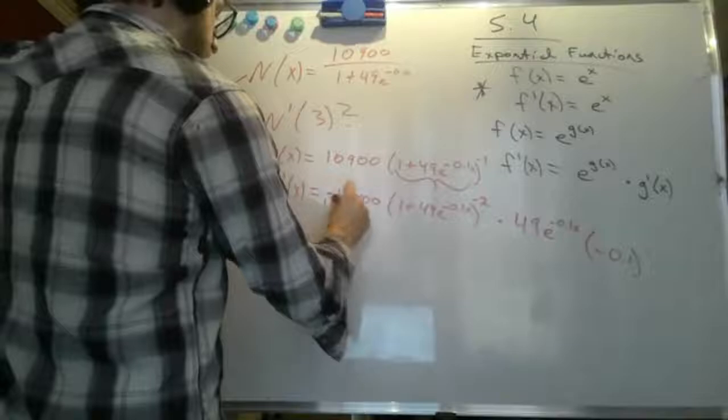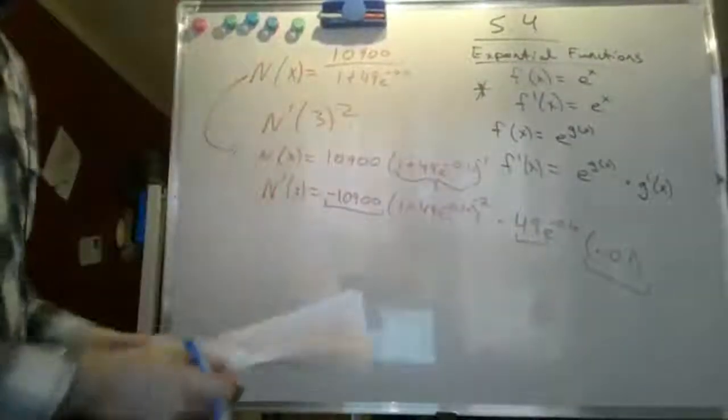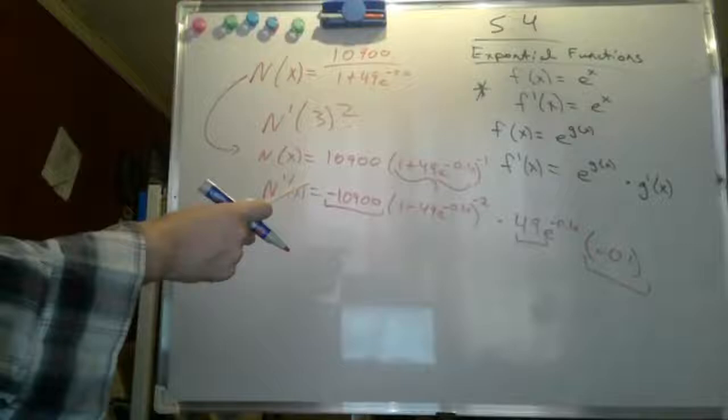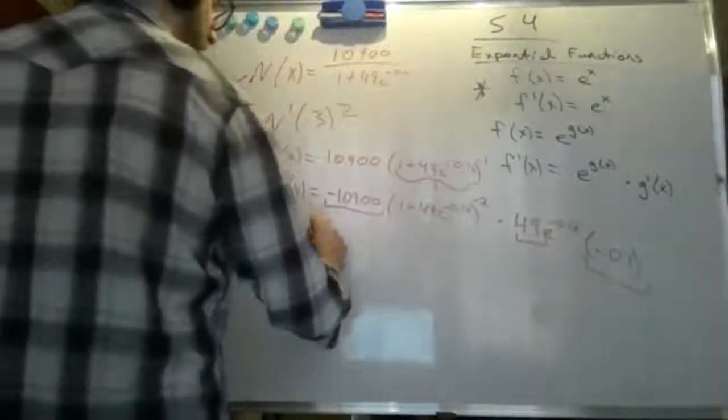Okay, so what does this do for us? Well, let's start by getting all of our coefficients on the outside, which I just boxed in there. So we've got negative 10,900 times 49 times a negative 0.1. So a negative times a negative, my answer is going to be positive.